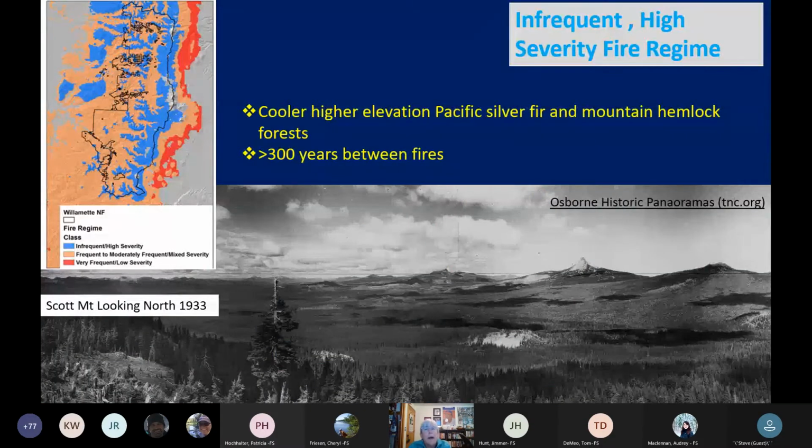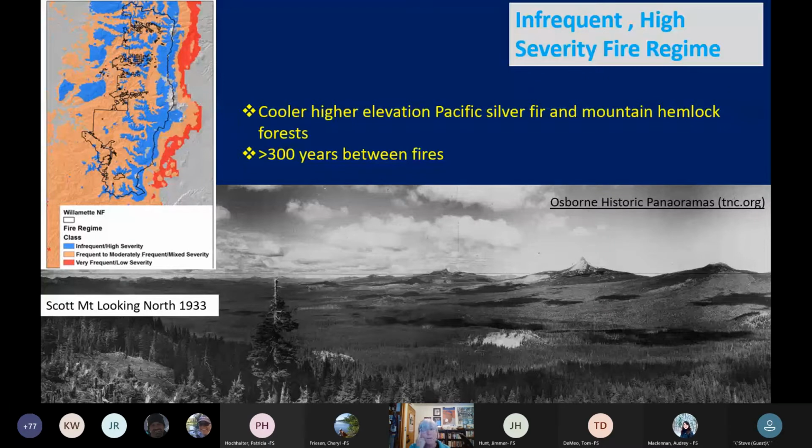So the infrequent high severity fire regime that's in blue in the map here is one that doesn't occur very often, but when it does, it's pretty intense in terms of producing high mortality over very large tracts of land.